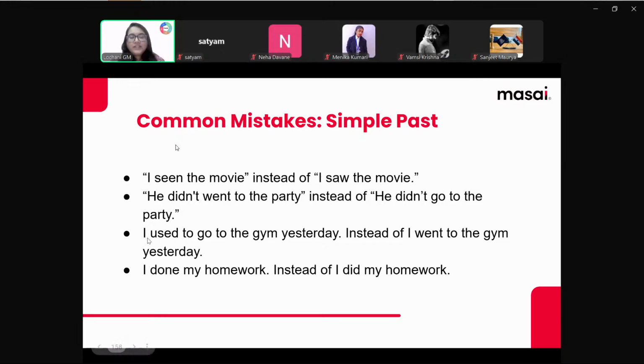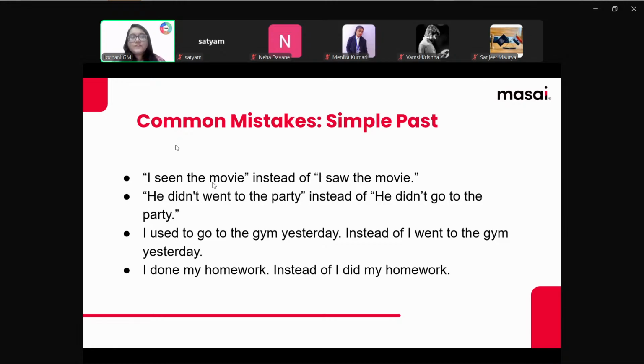Okay. So did is already denoting that it's a past activity. So again, another verb need not be in the past. So you won't say he didn't went to the party. You will say he didn't go to the party. He didn't watch the movie. She didn't feel well yesterday, right? So wherever you're using did, the next word will automatically be the normal verb.